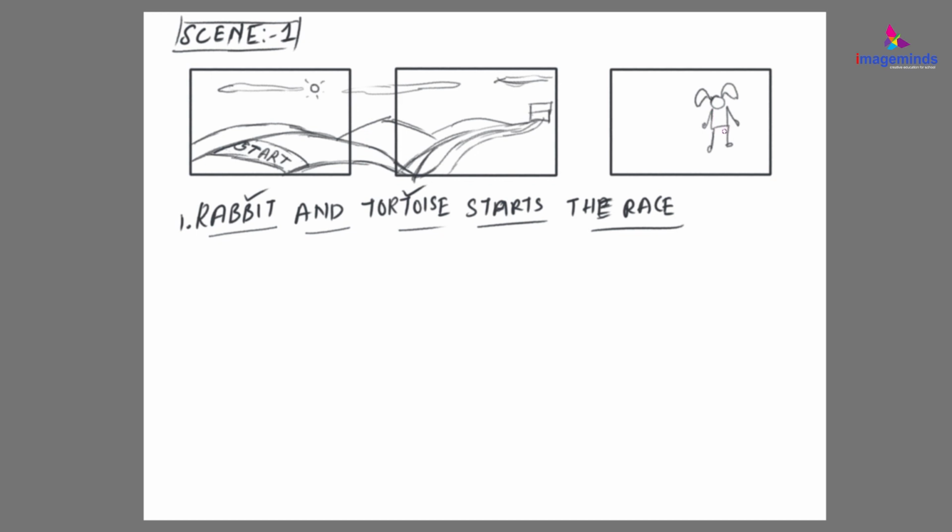For an example, the rabbit has long ears. And the tortoise has the shell, to represent it's a tortoise.